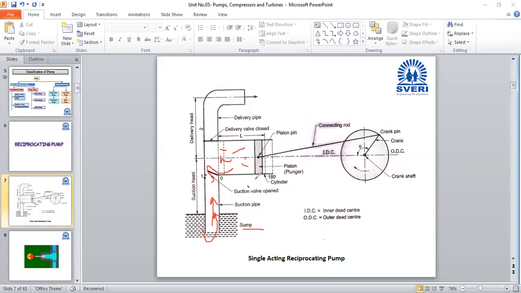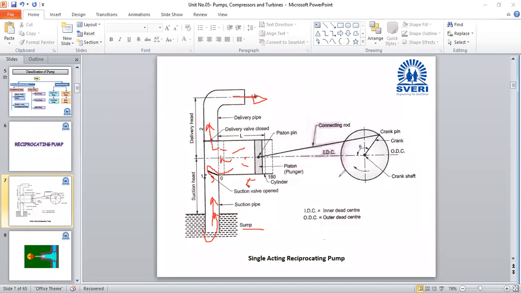As the piston moves towards the left side, it creates pressure on this water, and at the same time the delivery valve opens and the water from the cylinder flows into the delivery pipe. With the delivery pipe we can transfer this water to the required height. This is the simple function of a single acting reciprocating pump.